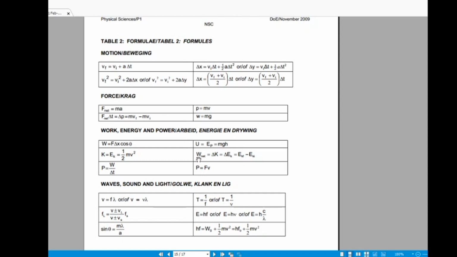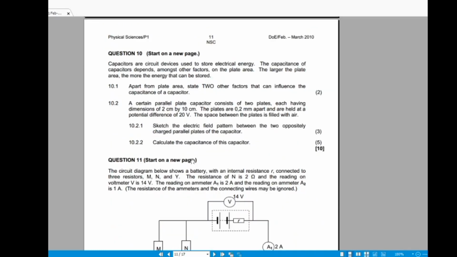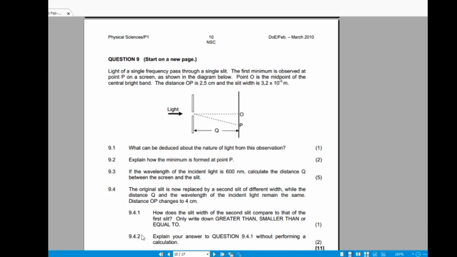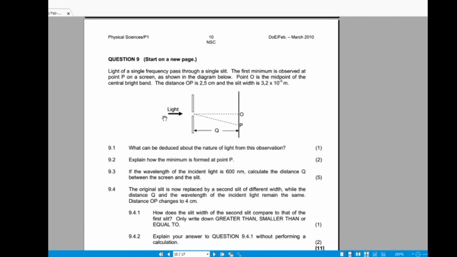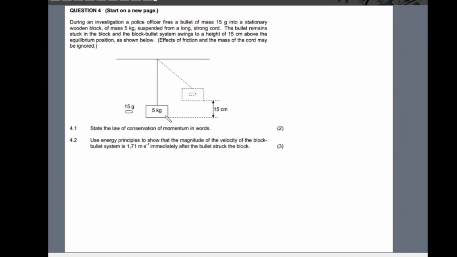The height is measured in meters, right? So the way we would answer this question is to say a gravitational potential energy. Okay, I'm going back to question 4.1 already.